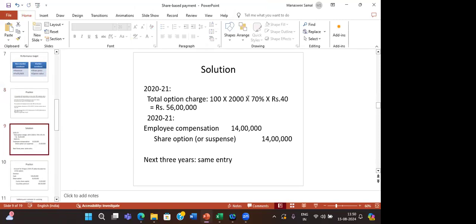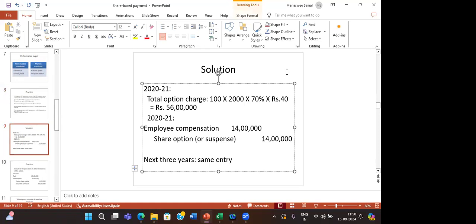So the total option value will be 70% of 2000. That is, this part is 1400 employees, isn't it? And we are taking as usual the granted fair value of the option. Some of you should take note. I think some are clear and some are not that clear. So for those who are not very clear on this, we are not taking the fair value of the share, but we are taking the fair value of the option.